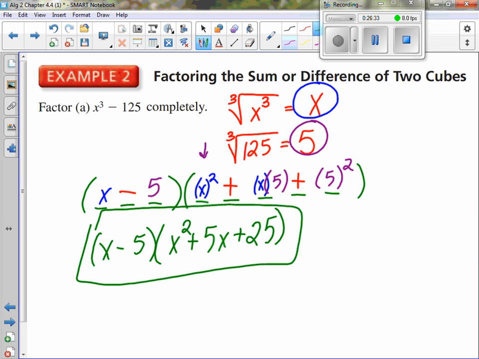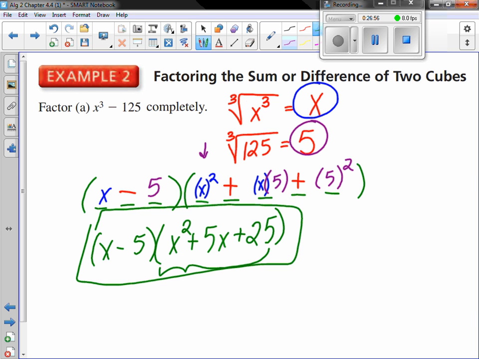Just because we have an x squared in this here does not mean it will factor for perfect cubes. The quadratic part, or if the degree, there it is, if the degree of what's inside this parenthesis, I said at the beginning, is greater than 1, we need to make sure it factors, yes?